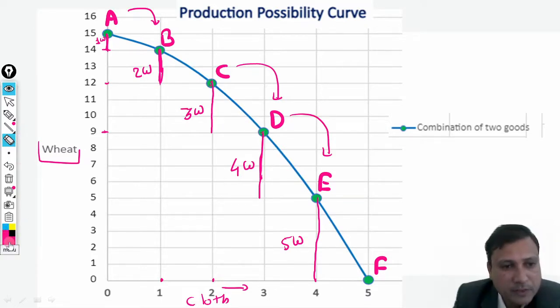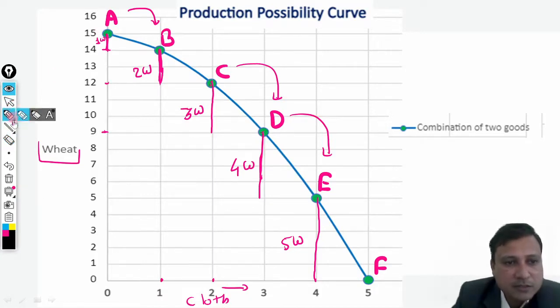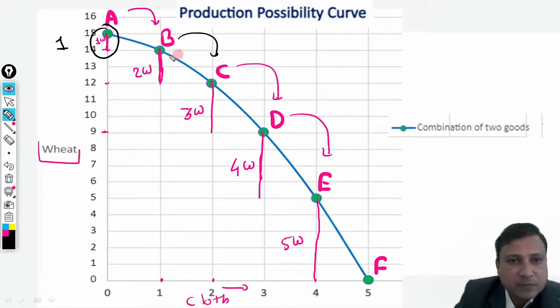in a very simple way. Now here, you will see that in the very first shift from A to B, how much W has changed? That is 1W. When I shifted from B to C, how much W has changed? 2W.